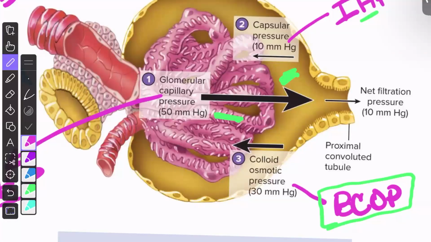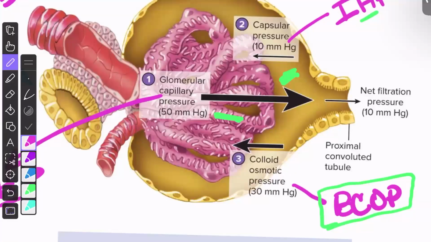What are you paying attention to? The arrows. What are the arrows telling you? Okay, so it's telling me which direction the pressure is trying to move fluid. What else does it tell me? How much effect that pressure has, right?